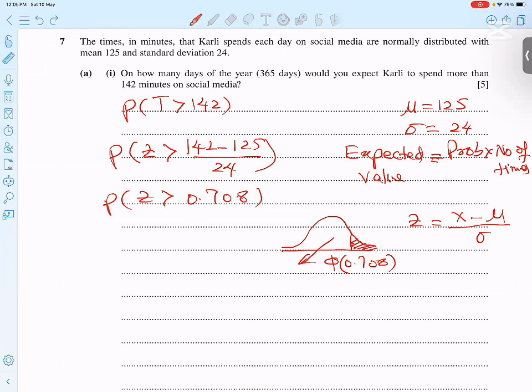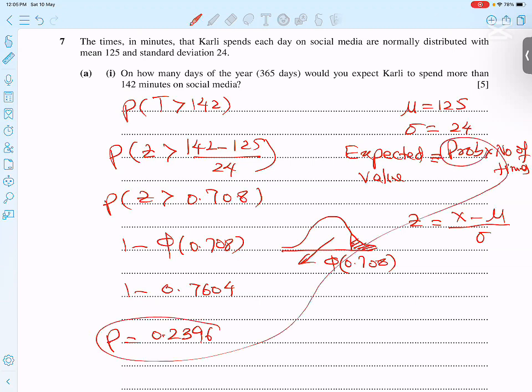So phi of 0.708 will give me the white part, but I'm looking for the reddish region. So 1 minus that. This value I found from the table, 0.7604. After subtracting, I got 0.2396.